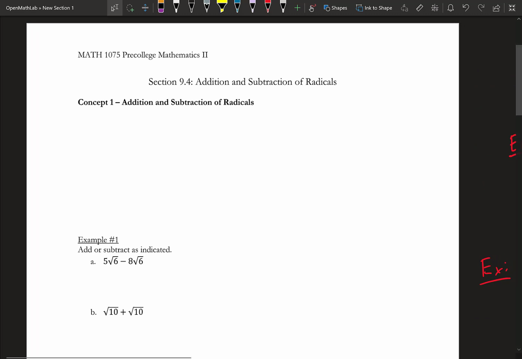So let's now define the definition of like radicals.